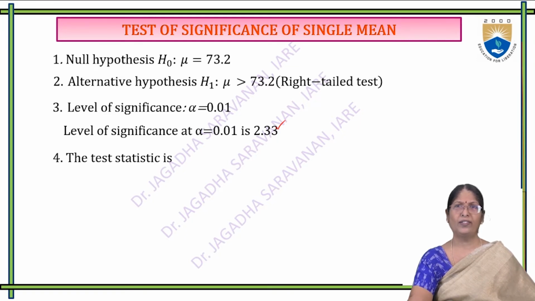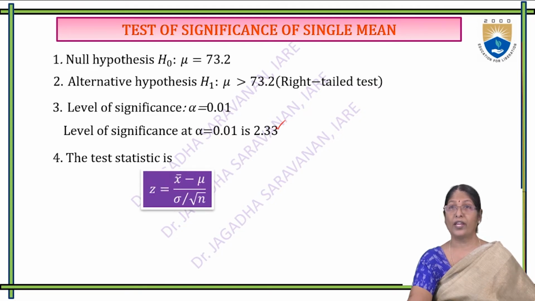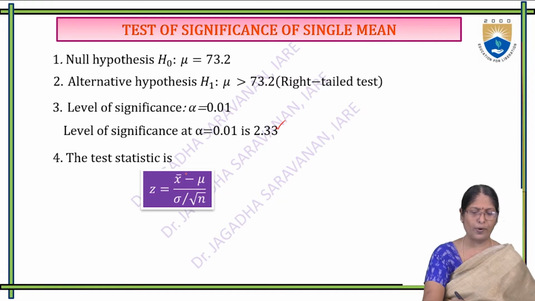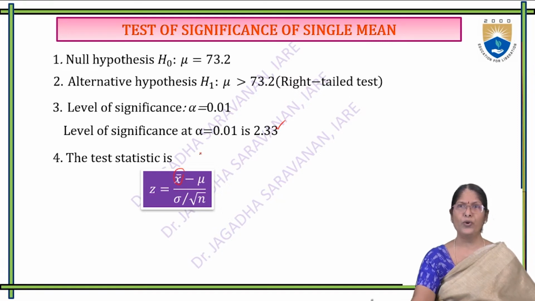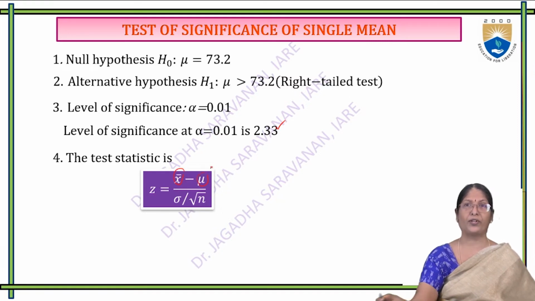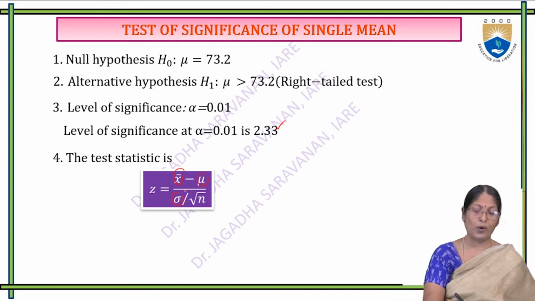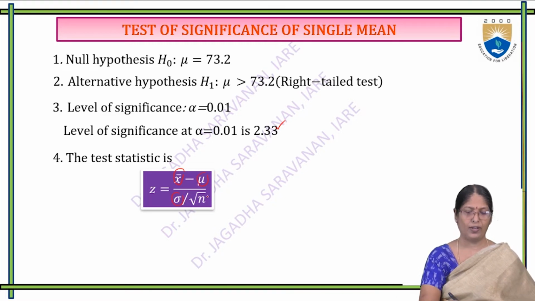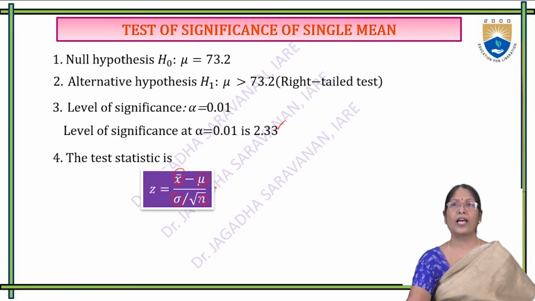The test statistic here is z equal to x bar minus mu by sigma by root n. X bar is the sample mean notation, mu is the population mean, sigma is the population standard deviation, and small n is the sample size. This is the test statistic to calculate for a single mean.